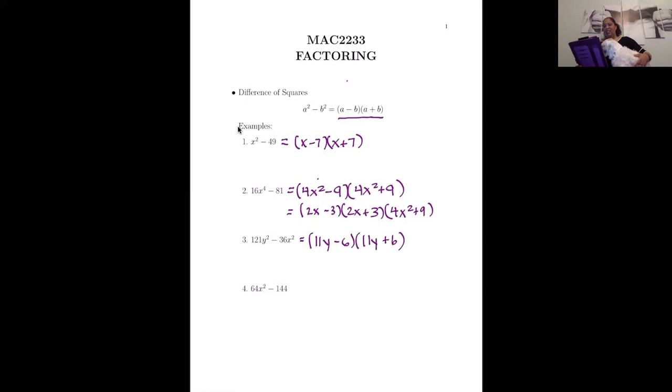All right, then lastly, let's take a look at 64x squared minus 144. Now, I think we can probably pull out a common factor of 144 and 64. So let's see.